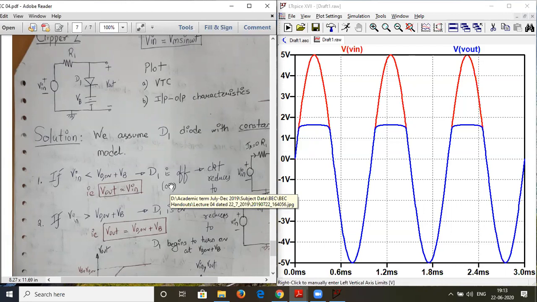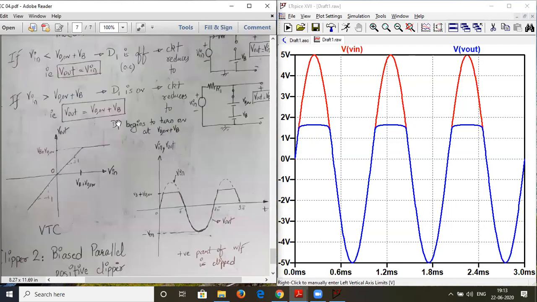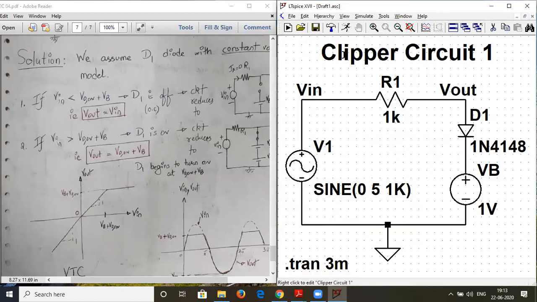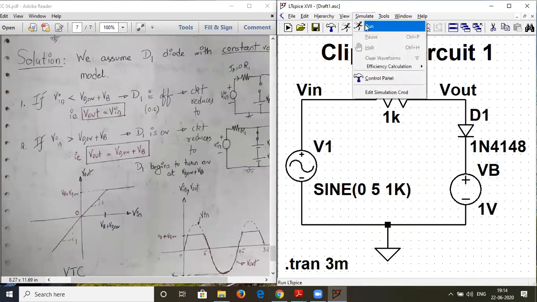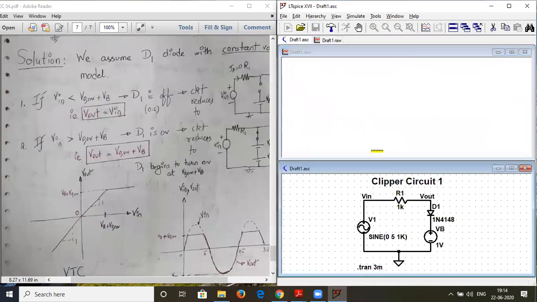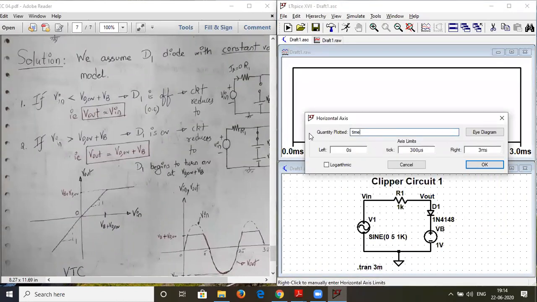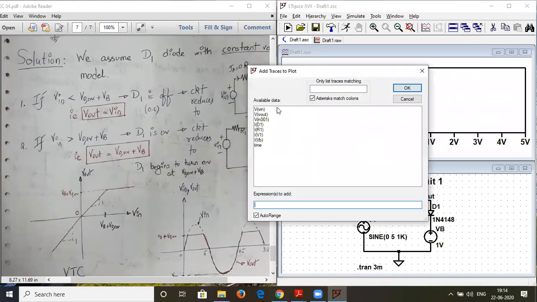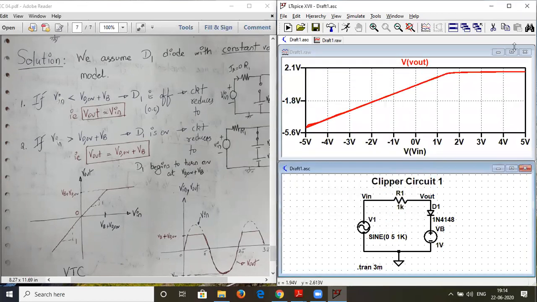Similarly, we can observe the voltage transfer characteristics. I can close this, run the waveform, simulate this circuit once again, and change this input as Vin and plot Vout.